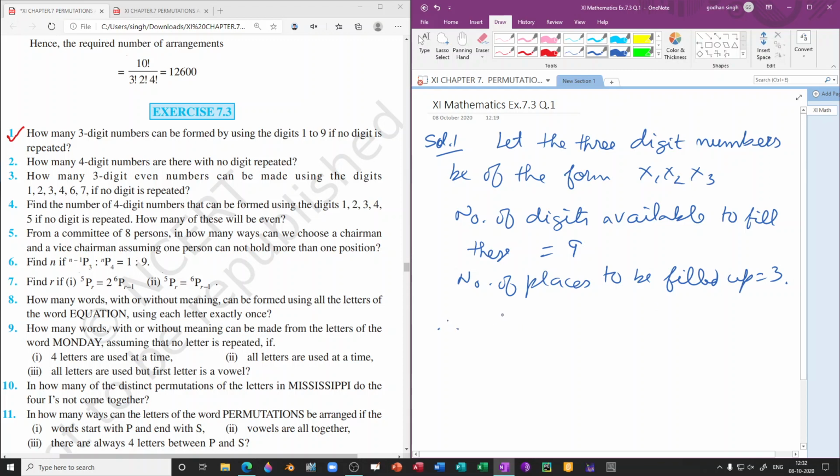Now we'll answer this question: how many 3-digit numbers can be found by using the digits 1 to 9 if no repetition is allowed?